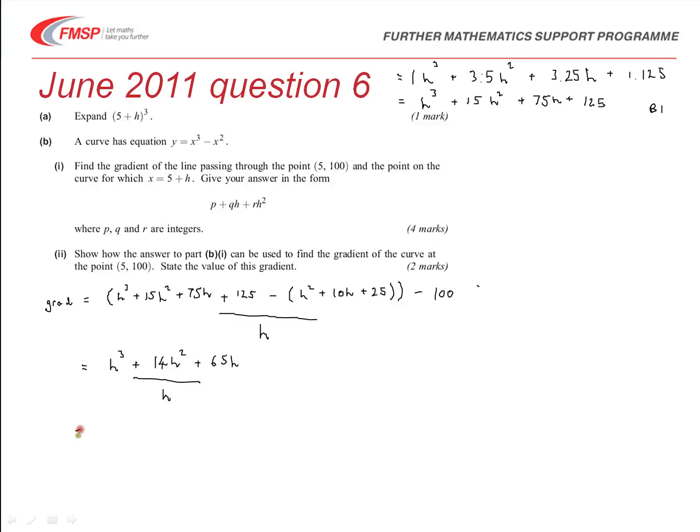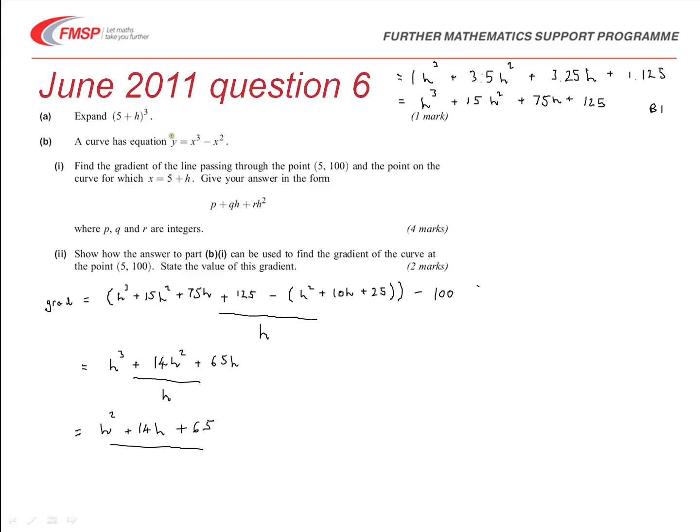If we now divide through by h, that gives us h squared plus 14h plus 65. So this is our gradient between 5 and 5 plus h.